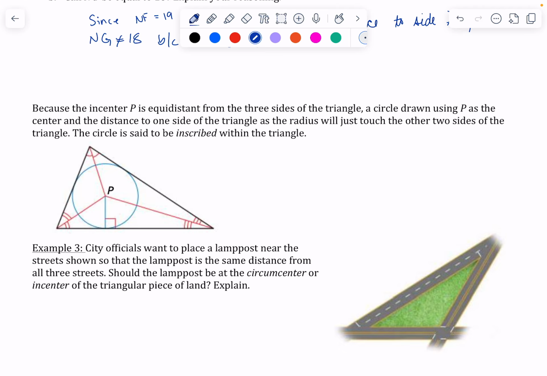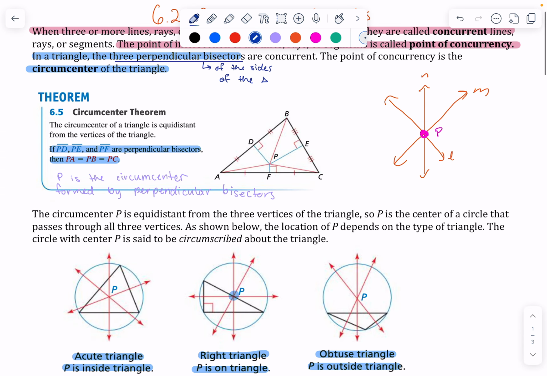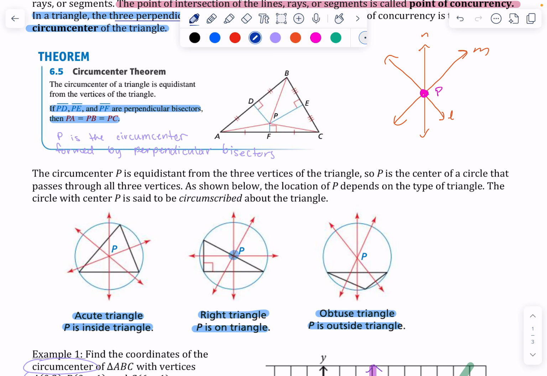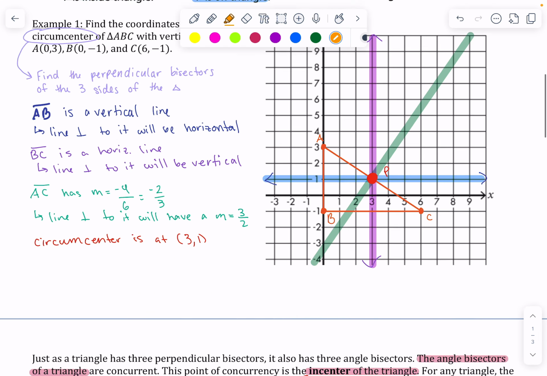The circle is said to be inscribed within the triangle, so the circle will be inside the triangle, whereas with the circumcenter, the circle is circumscribed about the triangle. It's outside. The circle's outside the triangle. Okay?